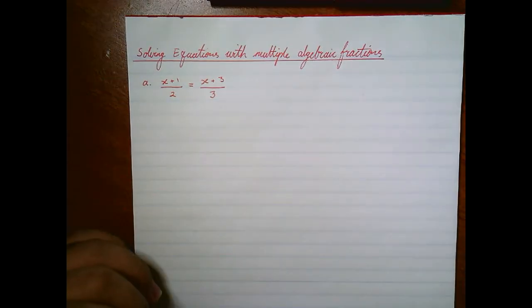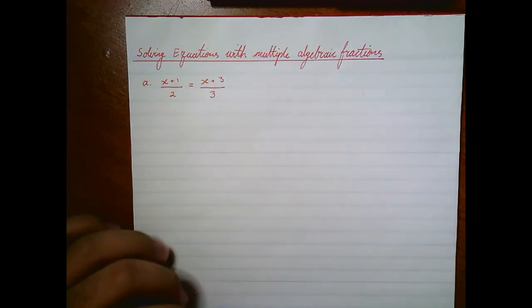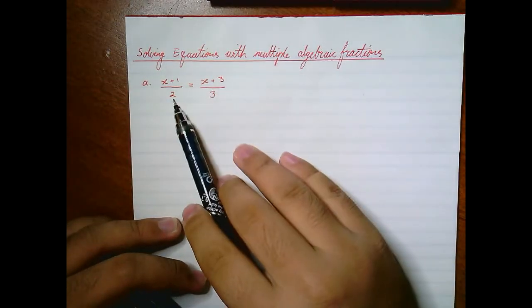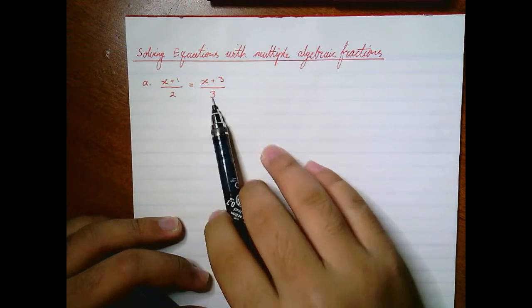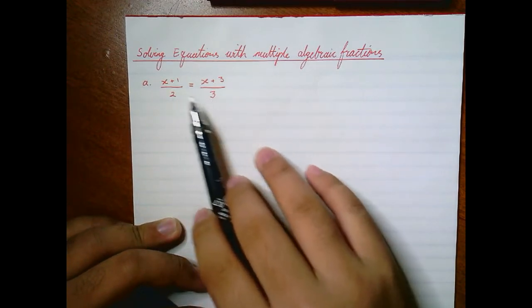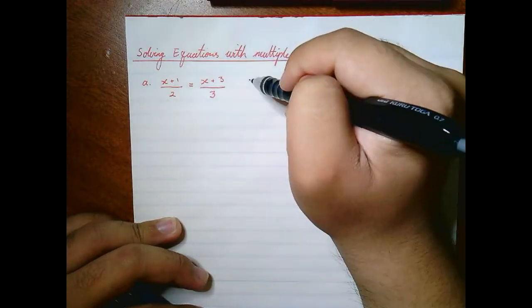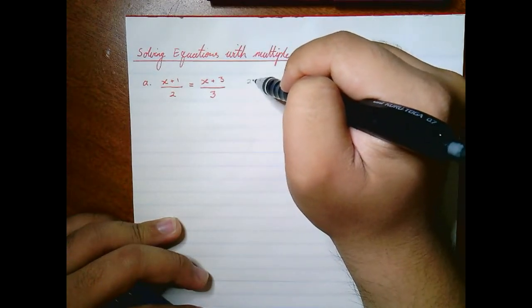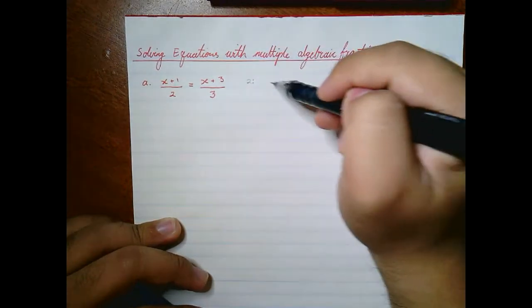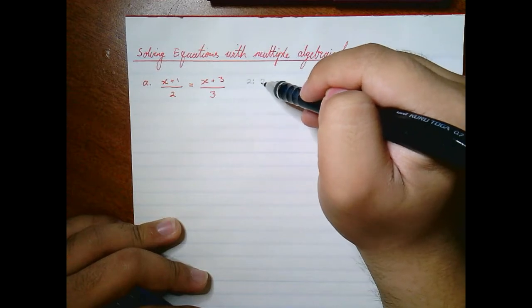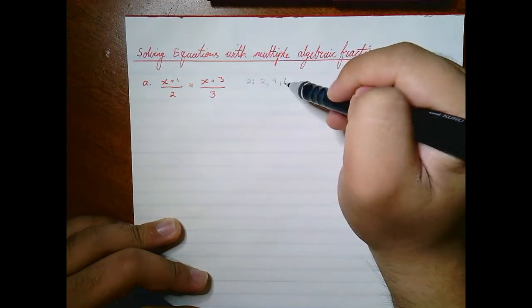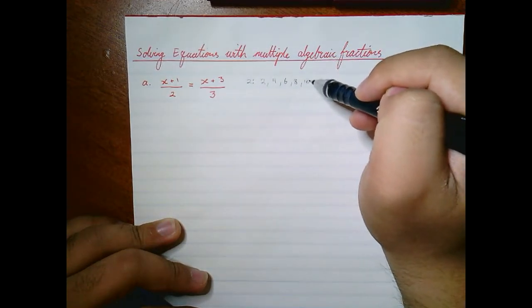So for these first few, I'm going to demonstrate what I'm doing. I am getting the lowest common multiple between 2 and 3. Multiples of 2 are 2, 4, 6, 8, 10.